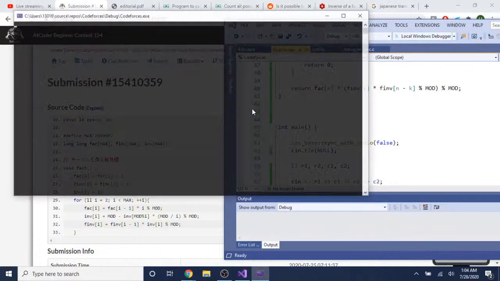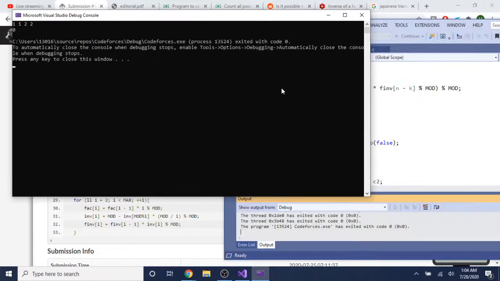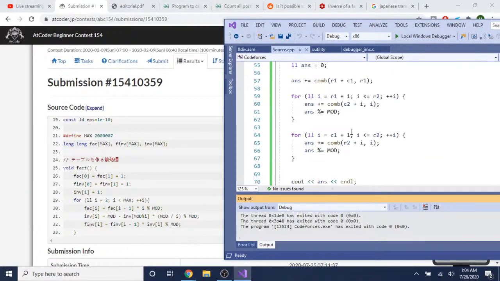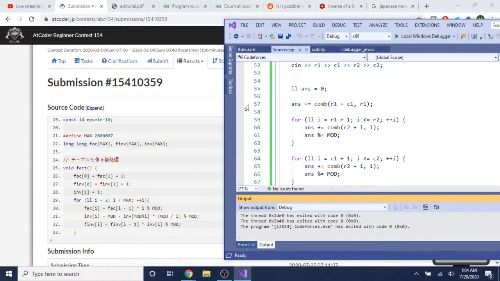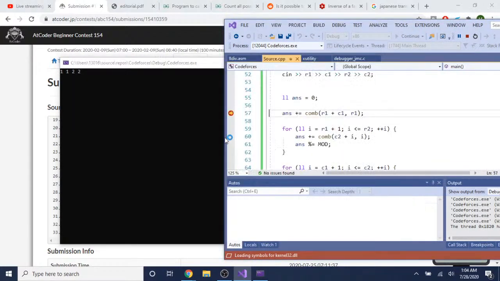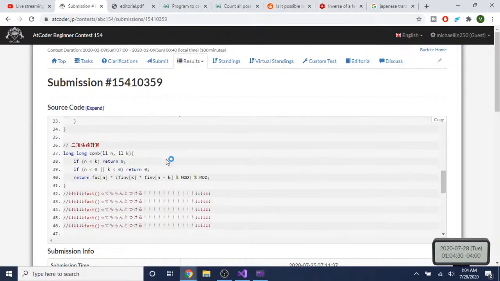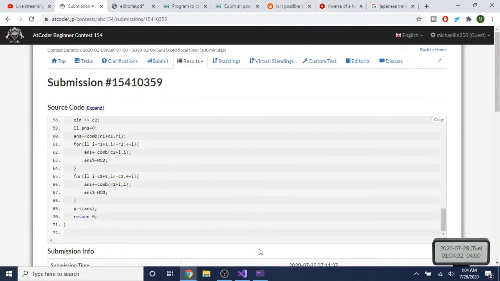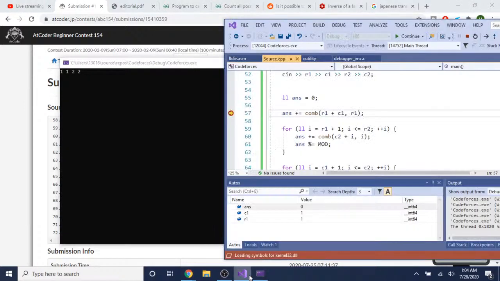Let's debug. Combination of R1 plus 0 and R1.